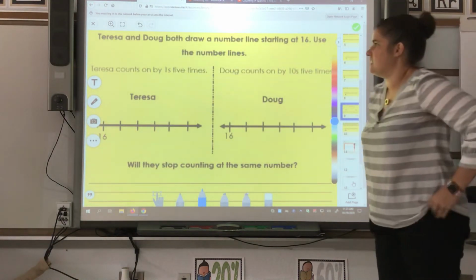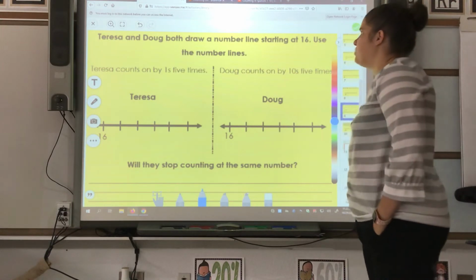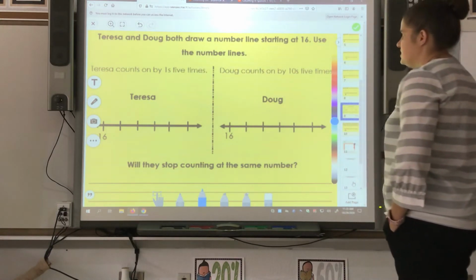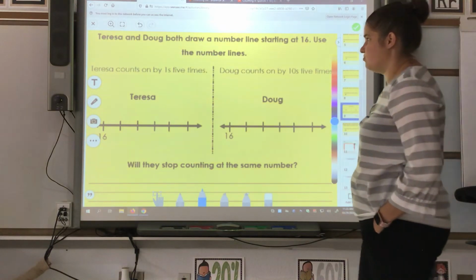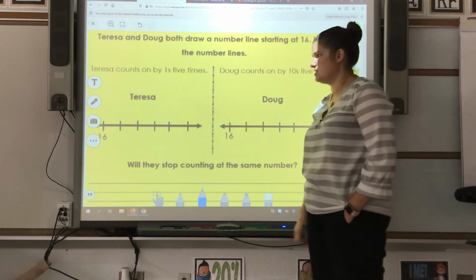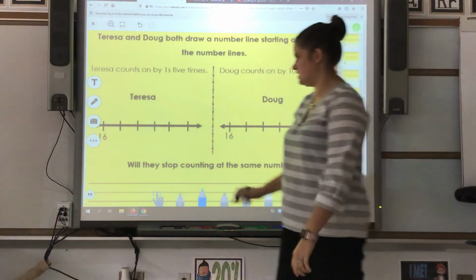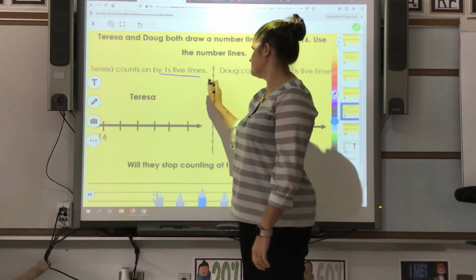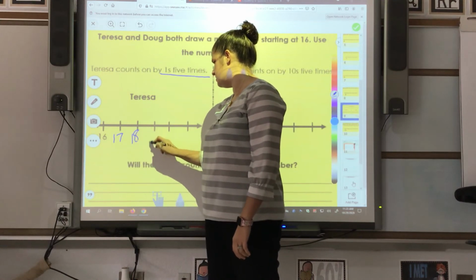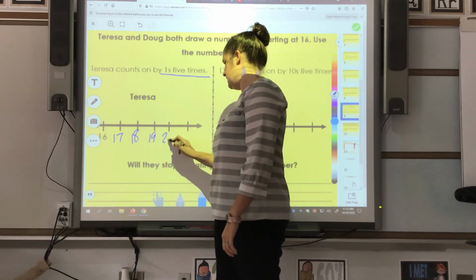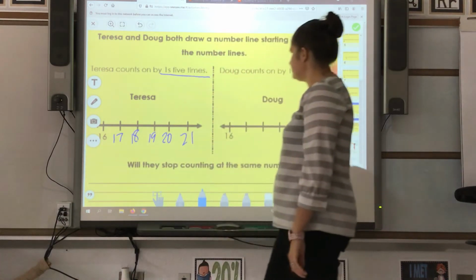Now looking at this example, it says Teresa and Doug both draw a number line starting at 16. Use the number lines. So this says Teresa counts on by ones 5 times. So I have 16, and I'm going to count on by ones 5 times. So 17, 18, 19, 20, 21.